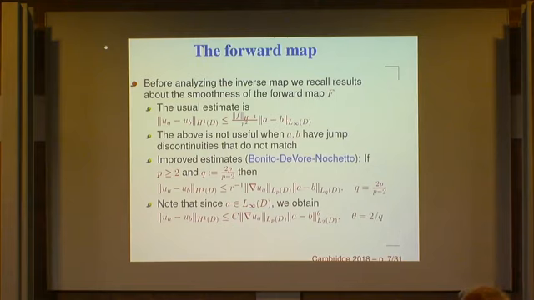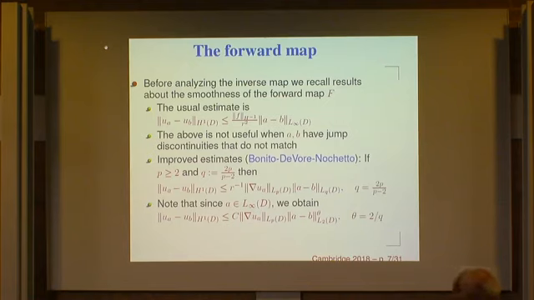It's not going to be small. Even though A and B may agree everywhere but on a little piece, this thing blows up. So this isn't good. And this happens in several applications. So the question is, are there better ways to measure the stability of the forward map than this inequality? And the answer is yes.